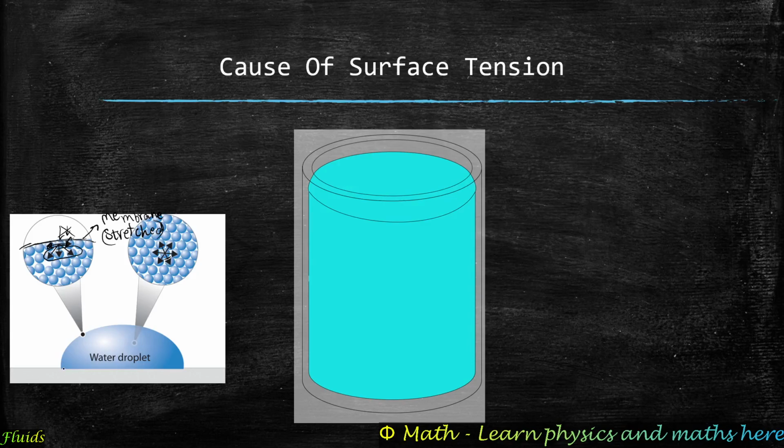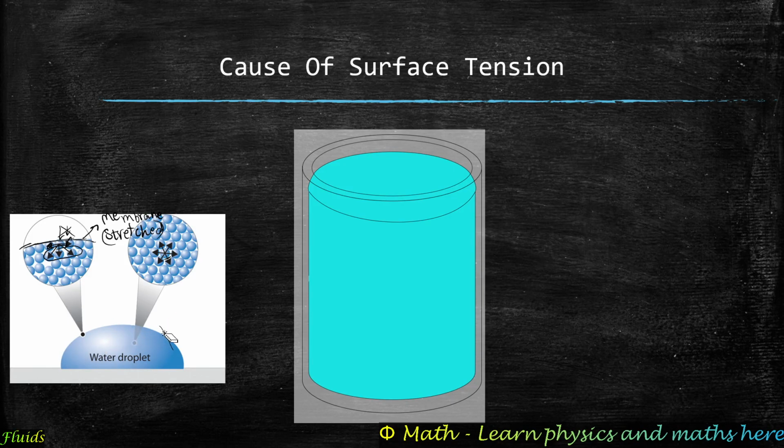And you can see that the minimum surface area is that of a sphere. If this surface were not present, this would be a full sphere, but due to this surface, this is a hemisphere.